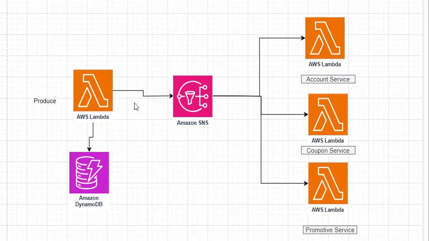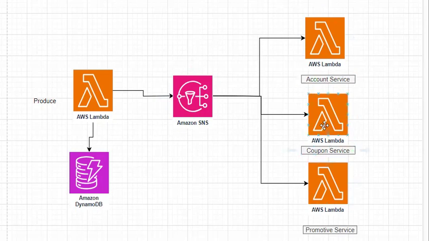That means whenever we put some data into this Lambda function, it will put some data into this SNS topic. There we subscribe all these Lambda functions to that topic, so that all these Lambda functions will get that message and they can process their data, right?